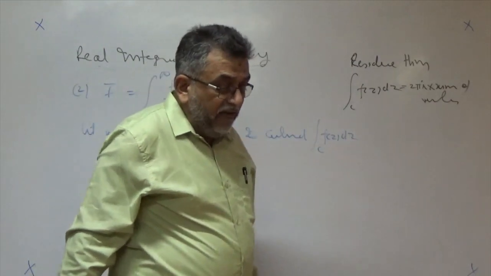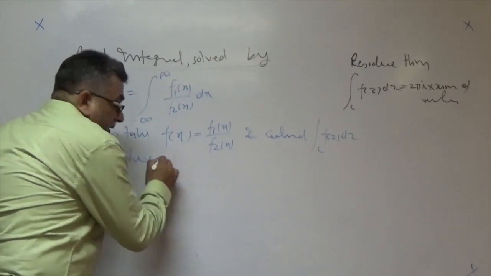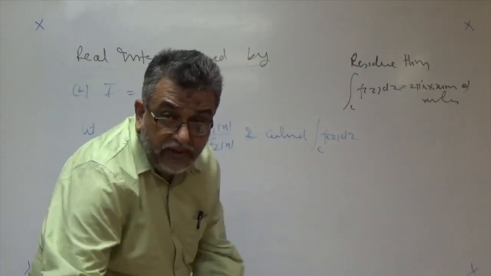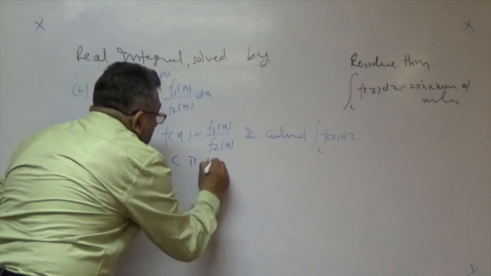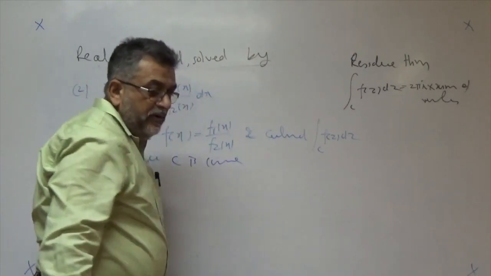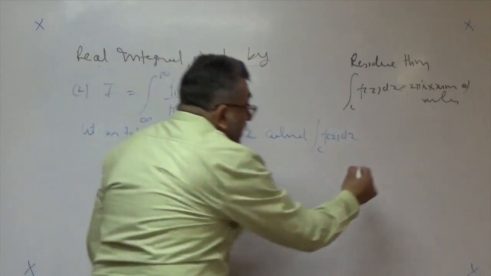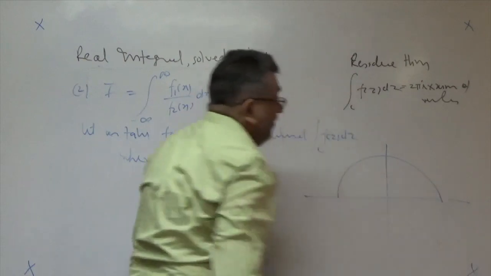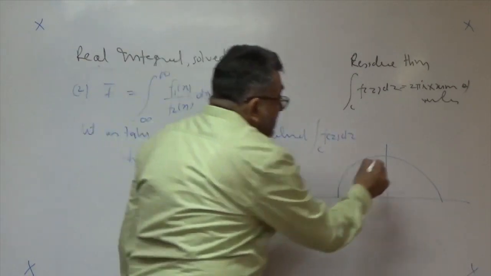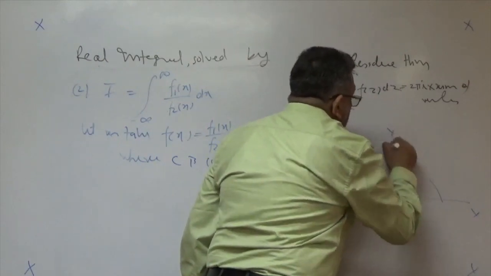That is, the integral over C of f(z) dz, where C is the curve. Actually this is C: this is the real axis and this is the imaginary axis.